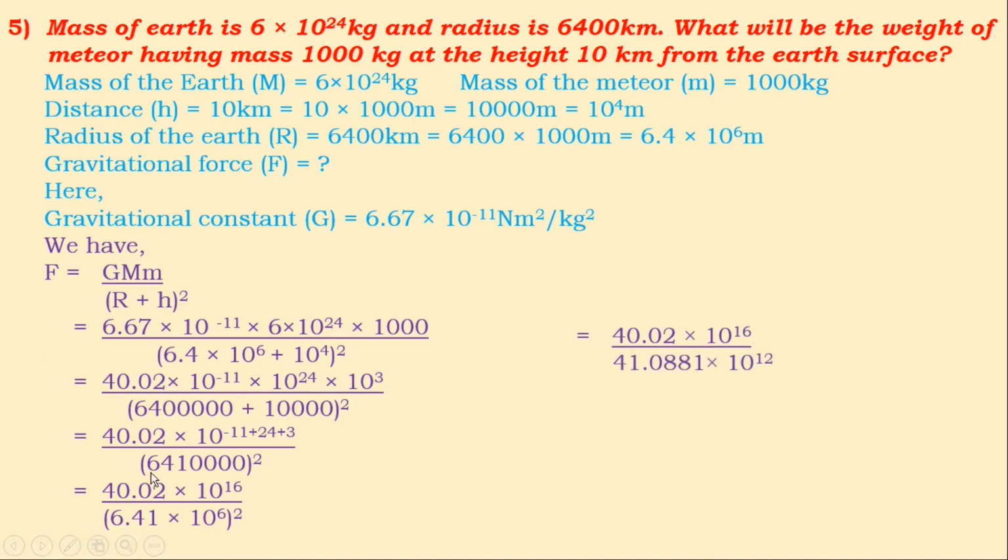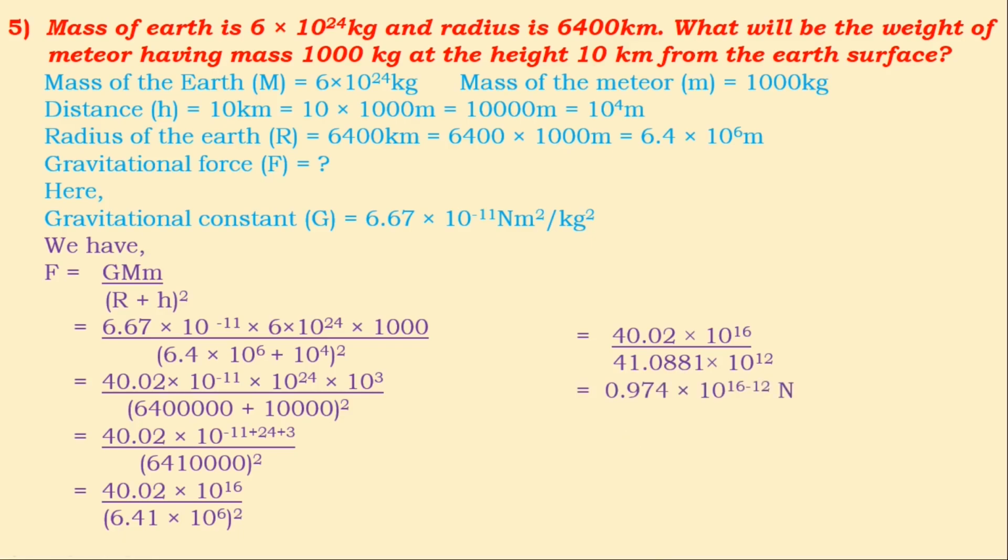When 6.41 is multiplied again with 6.41 because here we have a square, 41.0881, and 10 to the power 6 square means 10 to the power 12. Now we have to divide 40.02 with 41.0881.